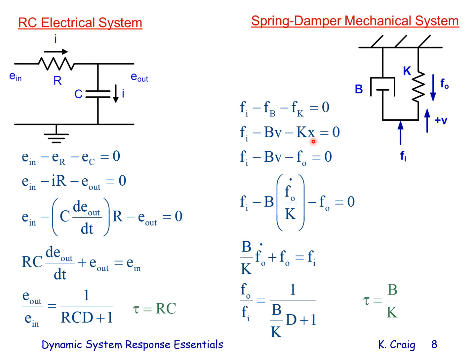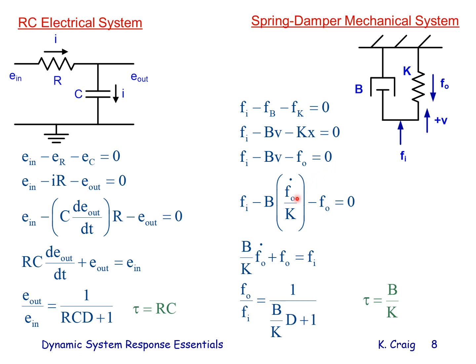But we want to include Kx as the force in the spring, so F in minus BV minus F out equals 0. F out is Kx, and if I take the derivative of that, I get Kx dot, or K times velocity.